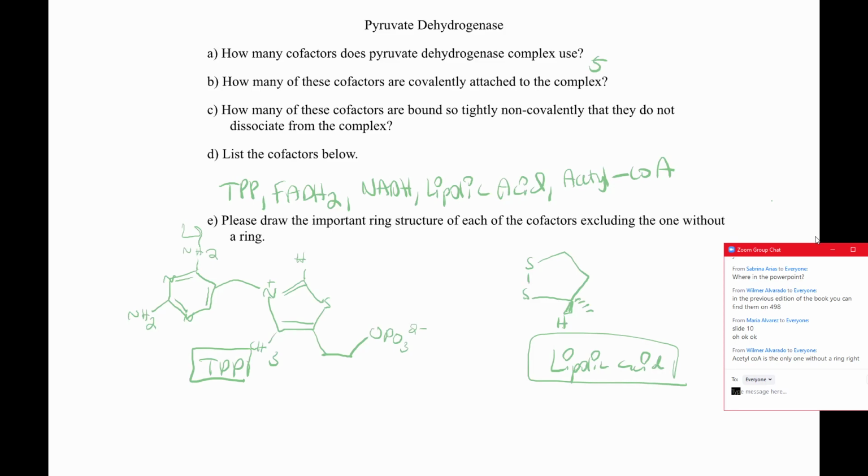And notice that this is a disulfide, and it can be reduced to a dithiol. And just very important to note, this here is very acidic. Acetyl-CoA does not have a ring because that's how it looks.